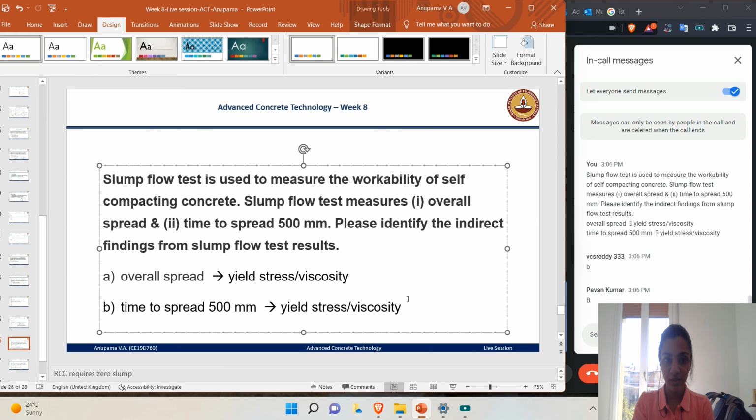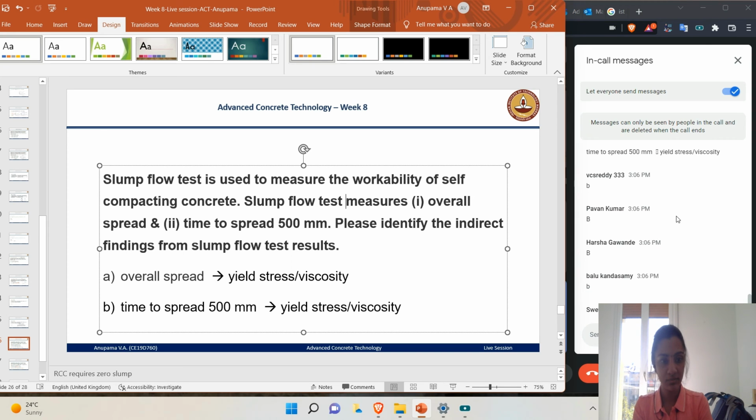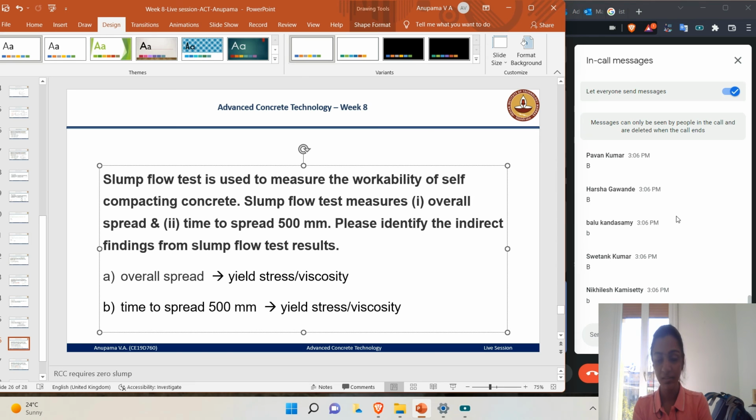So in the case of self-compacting concrete, when we do slump flow test, it measures the overall spread. I didn't understand why everyone is giving B as the answer. Okay, that is a collective response. I'm a bit confused here. Can someone explain what is B?